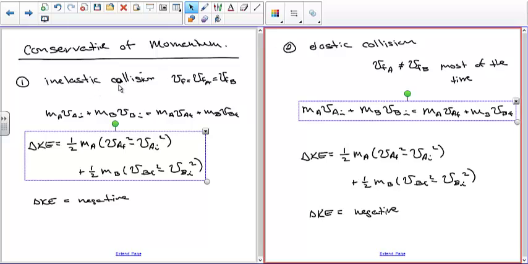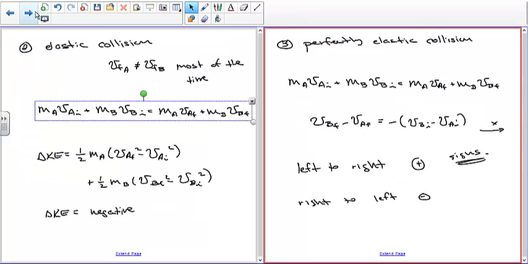That's where these equal each other. Then there's elastic collisions. That's where they don't equal each other, but you have to specify one additional piece of information. Perfectly elastic means that there's no energy lost during the collision, before and after.